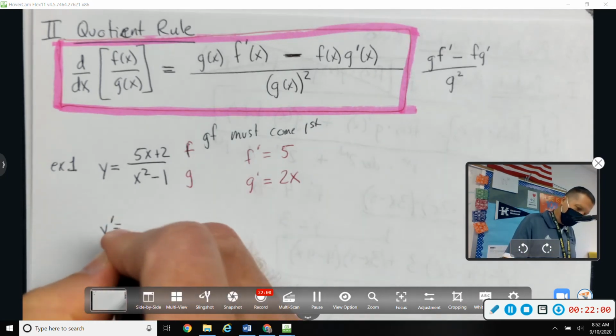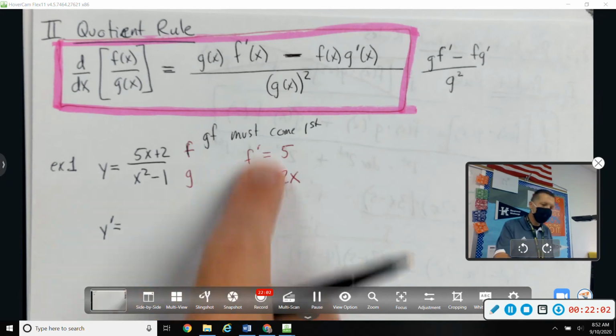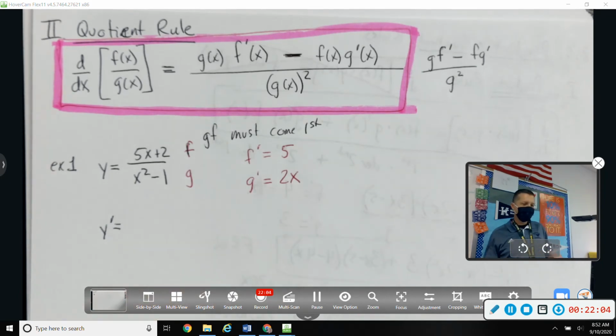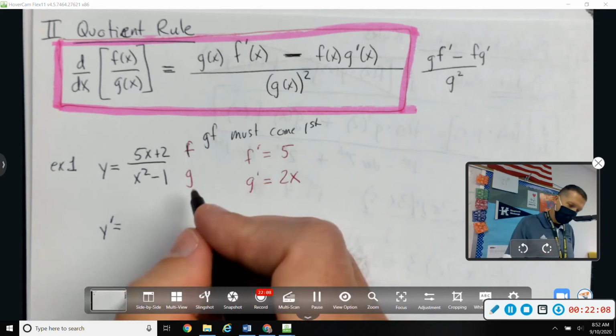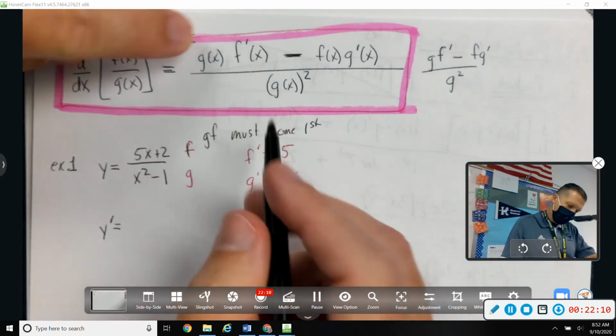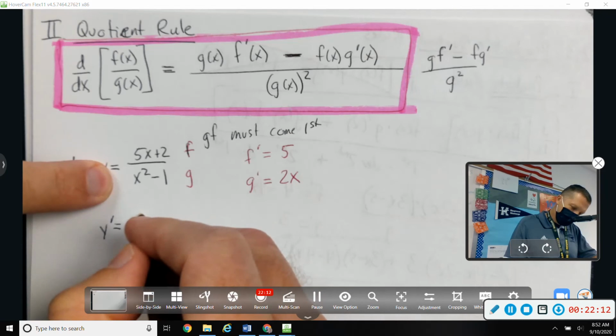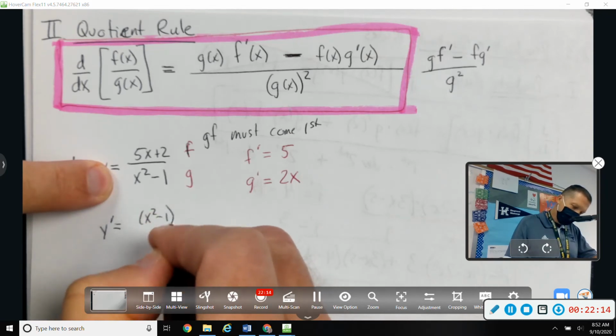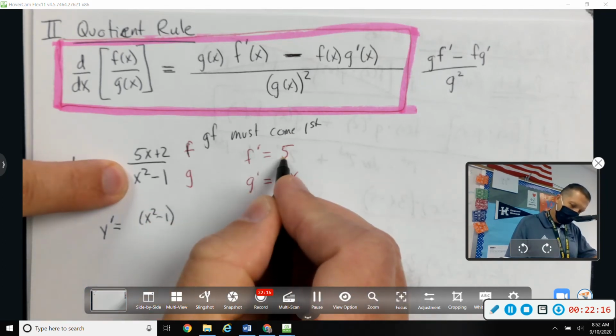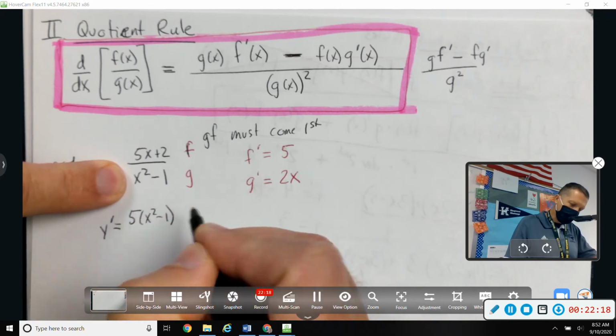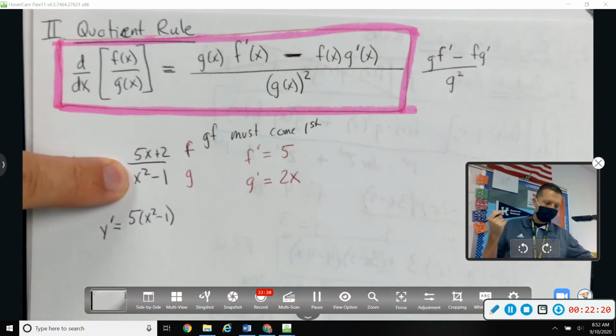Okay, so Y prime. And again, this is where it's nice to have it all labeled out because there's so many pieces. If you try to do it in your head, you're going to mess something up. So GF prime, so G, x squared minus 1, times F prime is 5. I'm going to put the 5 in front. Again, order doesn't matter when you're multiplying.